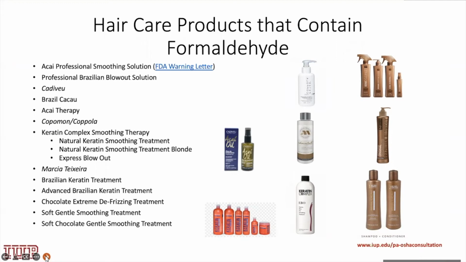To name a few, we have the Professional Brazilian Blowout Solution, the Soft Chocolate Gentle Smoothing Treatment, the Soft Gentle Smoothing Treatment, Chocolate Extreme Defrizzing Treatment, Advanced Brazilian Keratin Treatment, Brazilian Keratin Treatment, and the Keratin Complex Smoothing Therapy. All of the products listed on this slide do contain formaldehyde, and this can also be found, like I stated earlier, on the OSHA website.